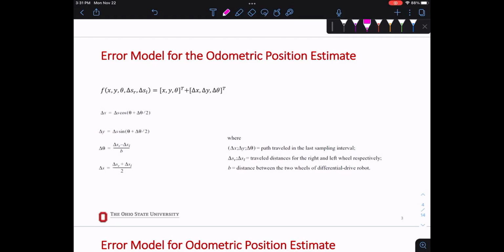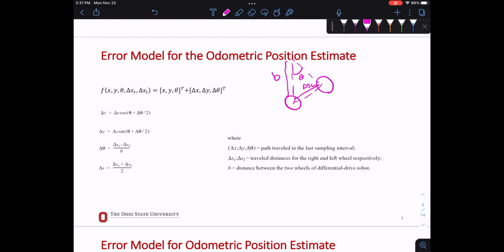Now, there is a very straightforward way of coming up with these. I just brought you the final equations, but basically what you're doing, you say that this wheel is going to go from here to here. If this was my theta, you have this distance is B. This is delta S. So if this was, let's say, right or left wheel. And then you have phi dot.